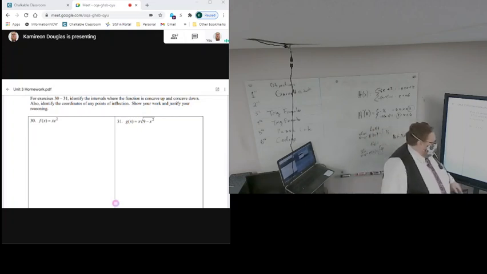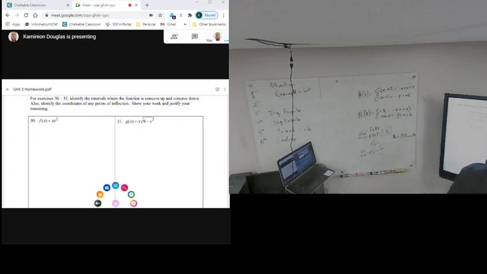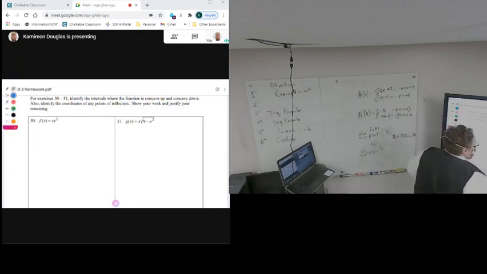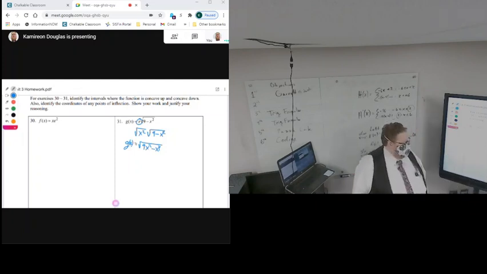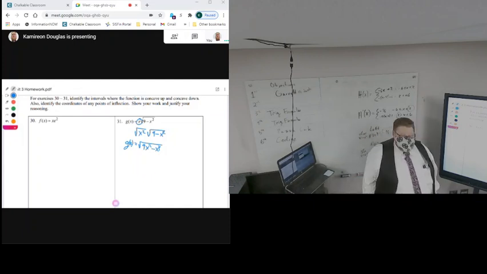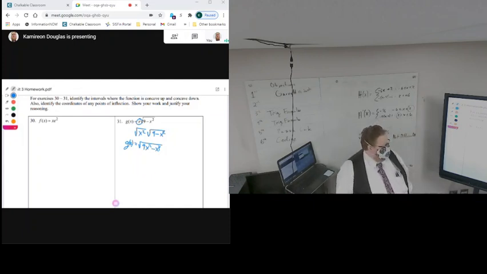The way we rewrote it in class was we took this x that's on the outside, changed it to the square root of x squared, and distributed it through, giving us 9x squared minus x to the fourth. And as weird as it sounds, this is much easier to do the derivative of. It just is. That's a valid step. It's just weird.